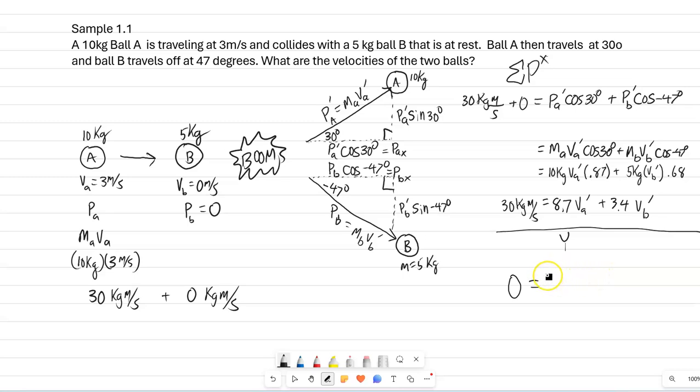So we know sine of 30 should look like this. We can insert our mass and our velocities in here.